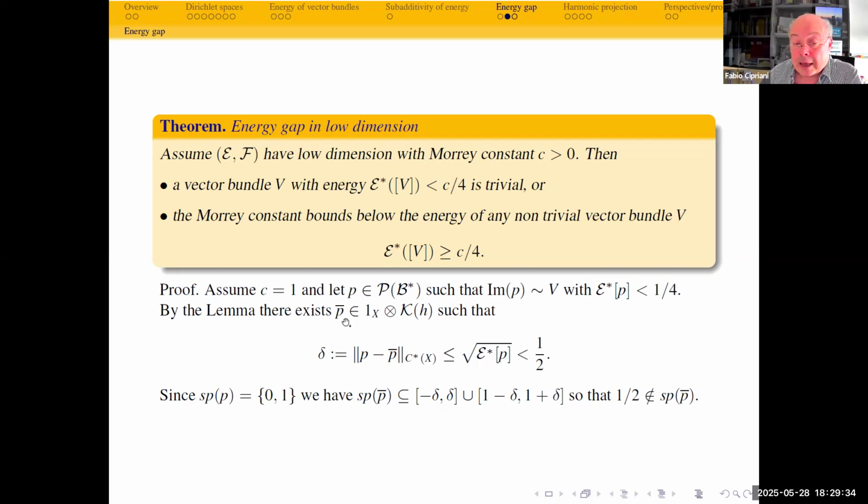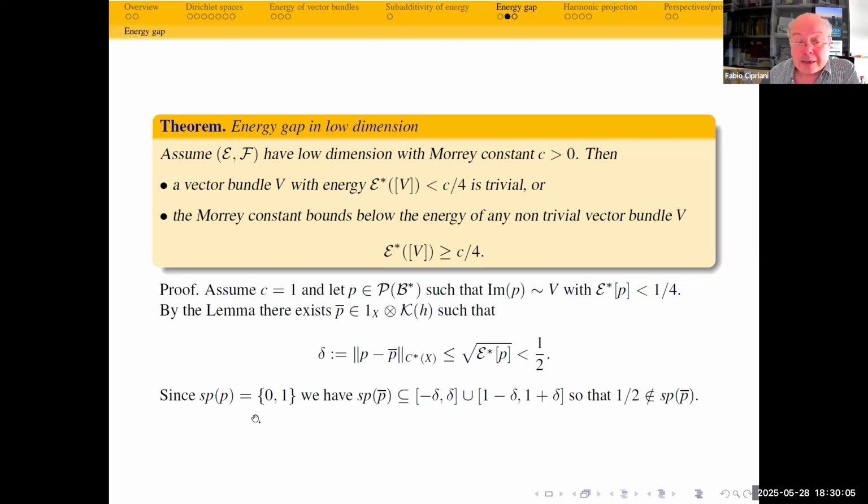there exists an element, essentially a compact operator on H, which is close to P, and the distance between these two is dominated by the square root of the energy of P, which by this assumption is less than one half. So the uniform distance in this C*-algebra between these two elements is less than one half.